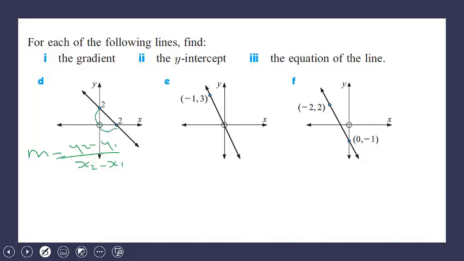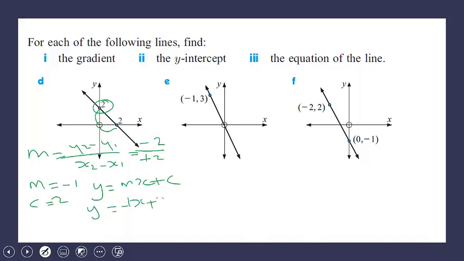So basically, m is going to be minus 2, 2 down, over plus 2, 2 to the right. Therefore, m equals minus 1. C equals 2. And y equals mx plus c means y equals minus 1x plus 2.